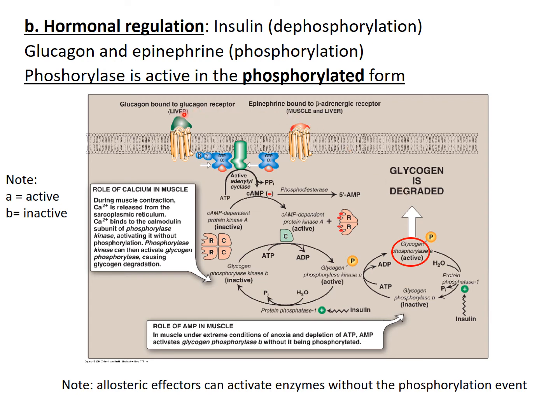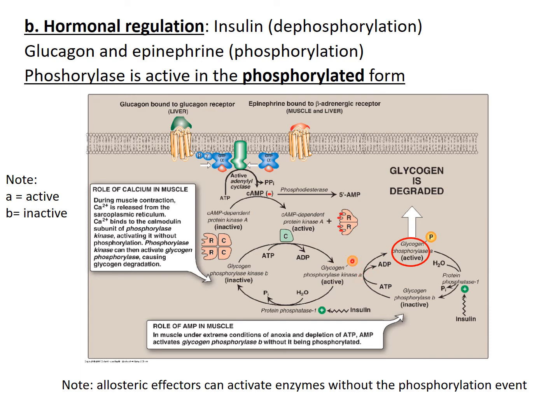So epinephrine and glucagon will signal. Both of them go through G protein coupled receptors. Both of them will upregulate cyclic AMP and protein kinase A, and this protein kinase A will phosphorylate the so-called glycogen phosphorylase kinase. So originally it is inactive in its B form, and when protein kinase A phosphorylates it, it is in the A form.